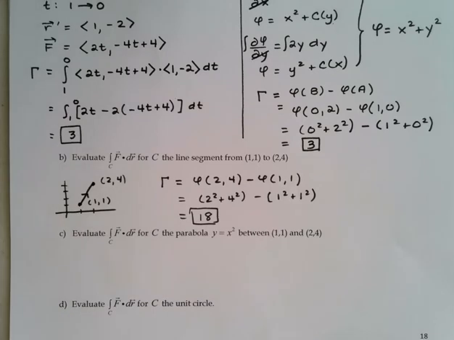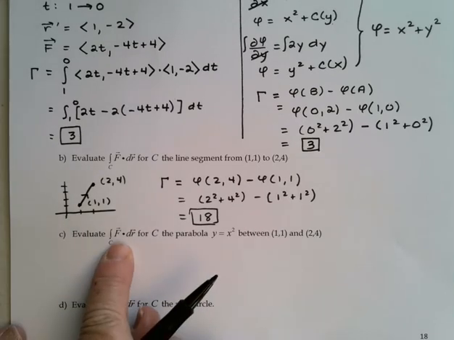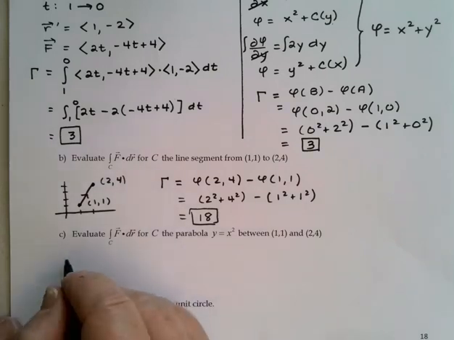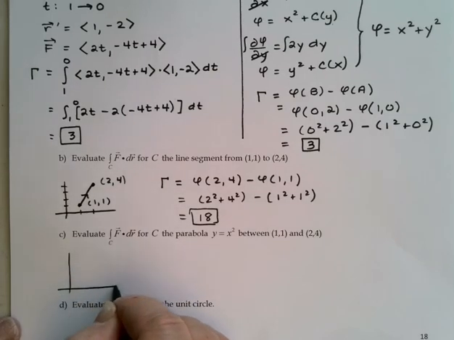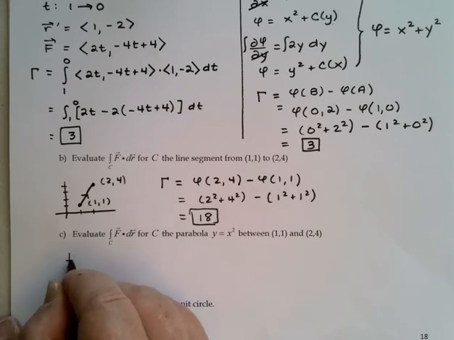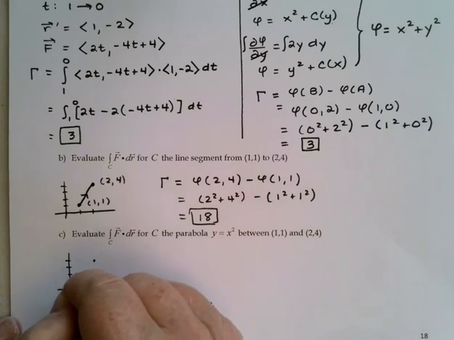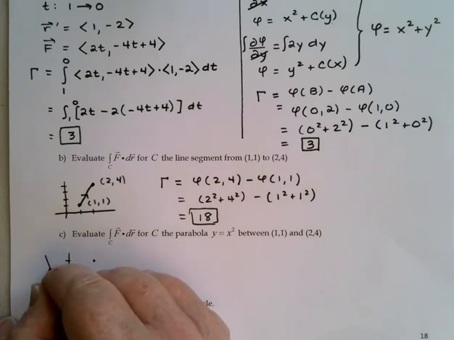All right, what about part C? Same F, I still want a circulation integral, F dot dr. This time C is the parabola, y equals x squared, between 1, 1 and 2, 4. So let's see, I've got the parabola here.